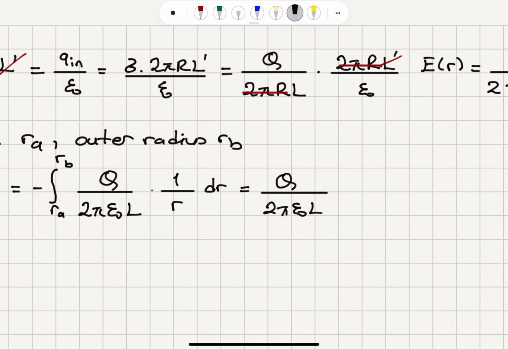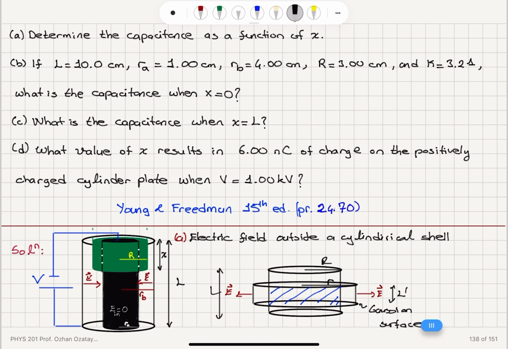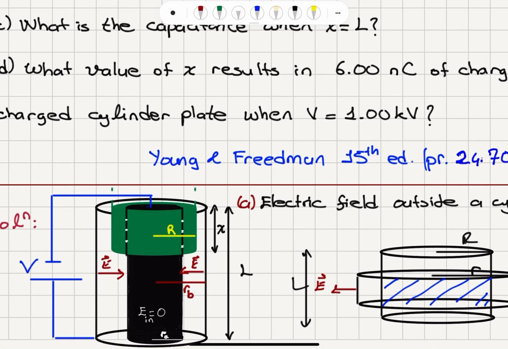Natural logarithm of r sub b minus natural logarithm of r sub a. Now we went from A to B. Assuming that the outer surface is at the positive potential and the inner surface is at the negative potential, VBA should be positive.